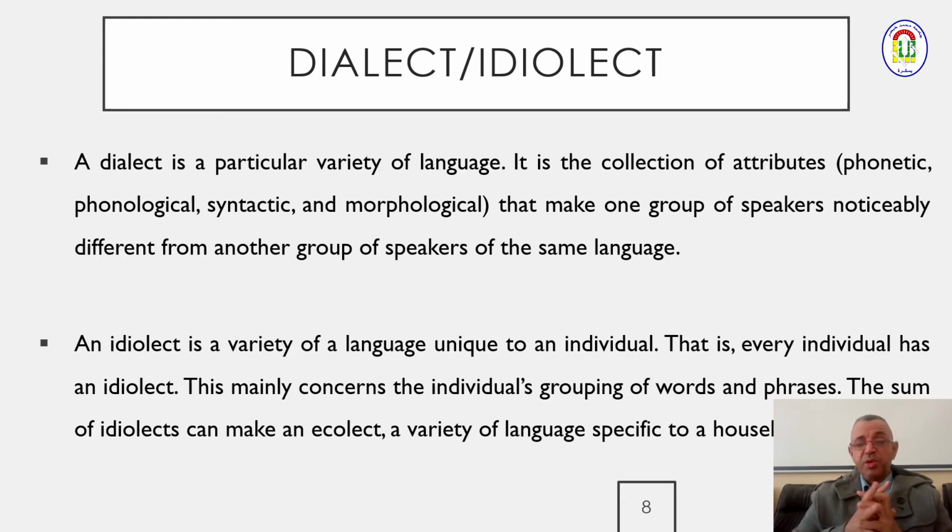We have also religious dialect. I think the best example to give is Lebanon. In Lebanon we may find different religious groups and sects. We find the Muslims, within the Muslims we have the Shiites and the Sunni, and we have the Christians.